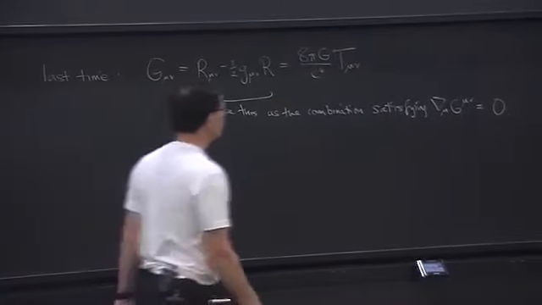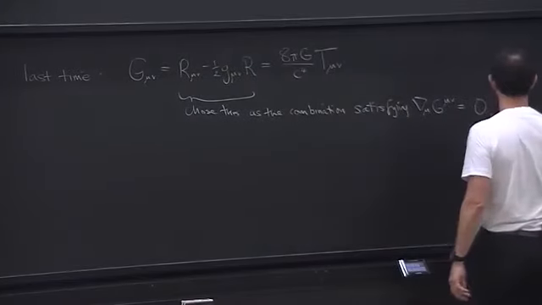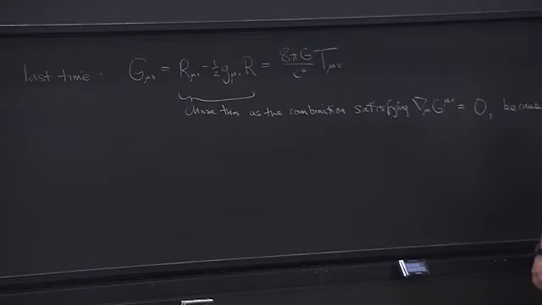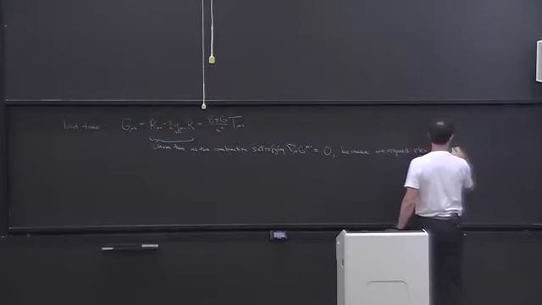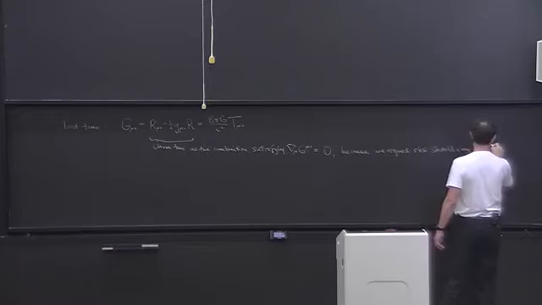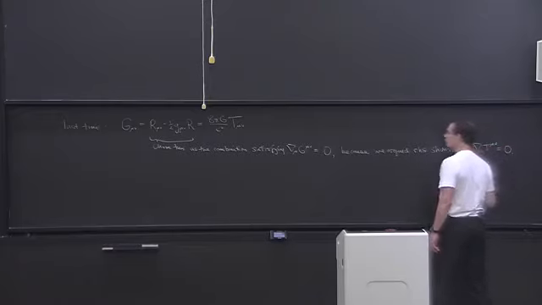Okay, because we argued that the RHS should obey d mu T mu nu equals 0.